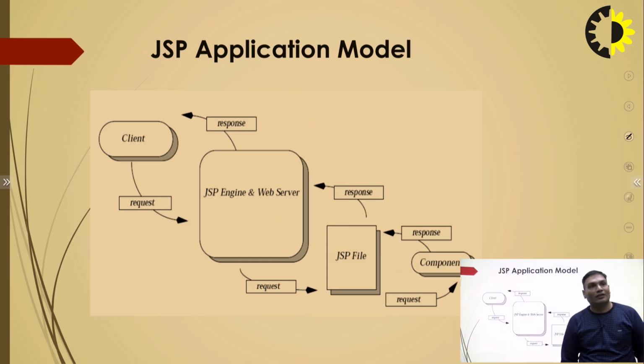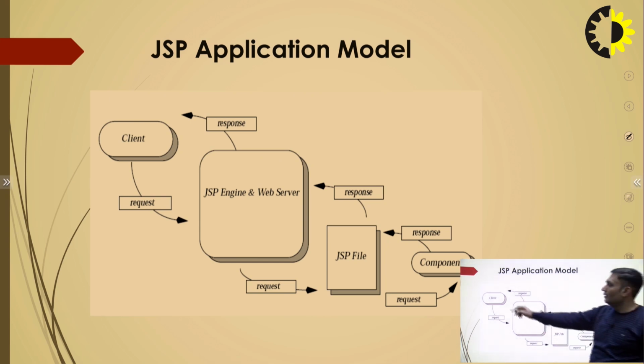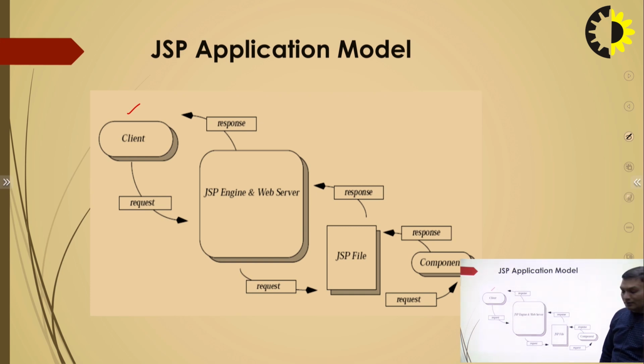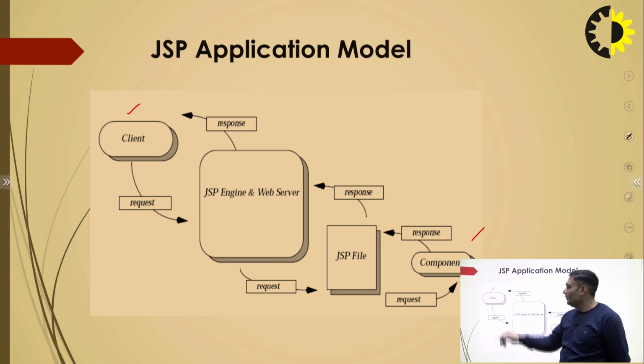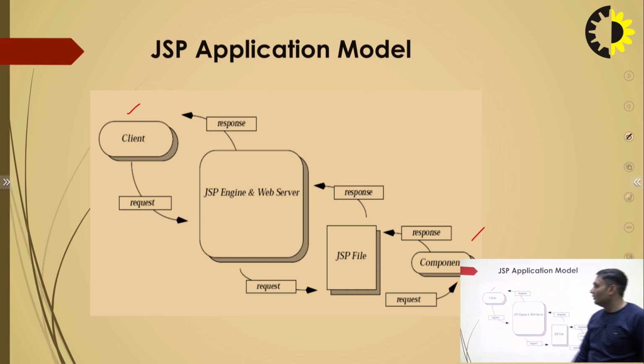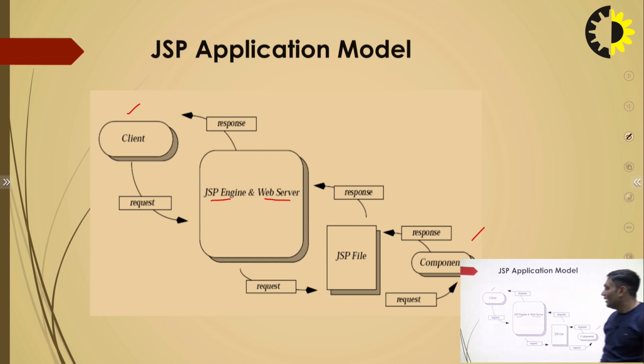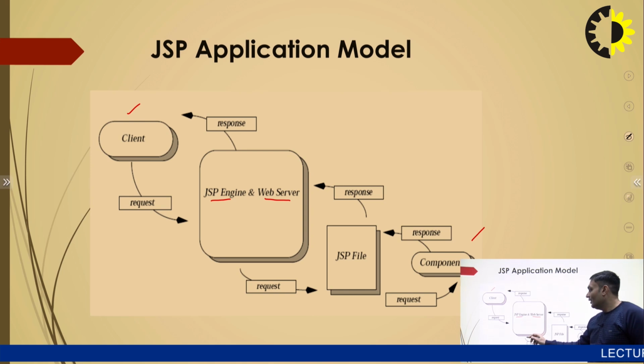Now, JSP application model, how JSP works. Here we can see in this diagram, there is one side, there is another side. One side is a client. Client is requesting some file, and this request gets processed with the JSP engine that resides on the web server, and the request fetches the JSP file that is required by the client.